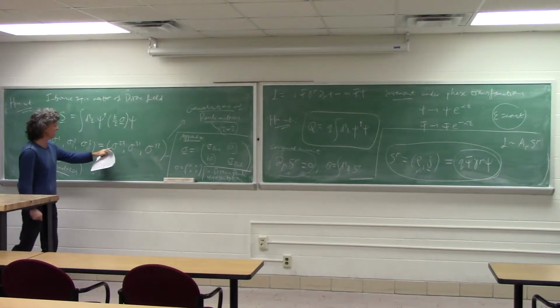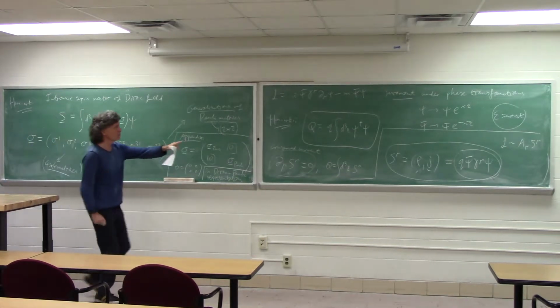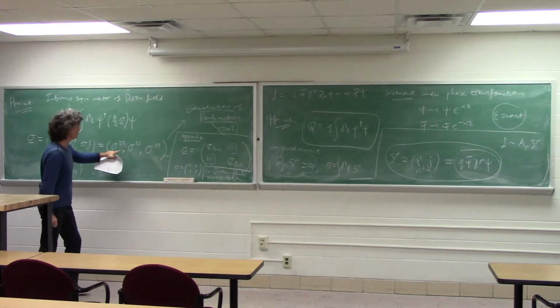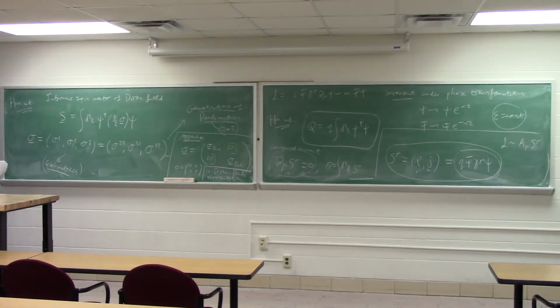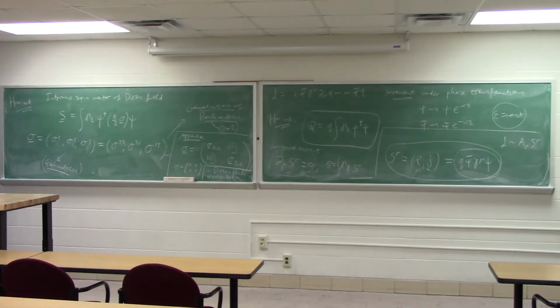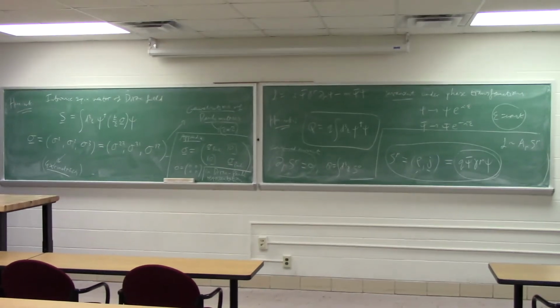We're just taking these three components of sigma mu nu, and writing them as a vector matrix with just three components. Is that what you mean? So this 4x4, I guess I'm not understanding this notation. So sigma is a 4x4.